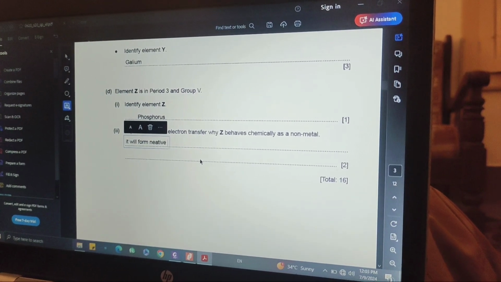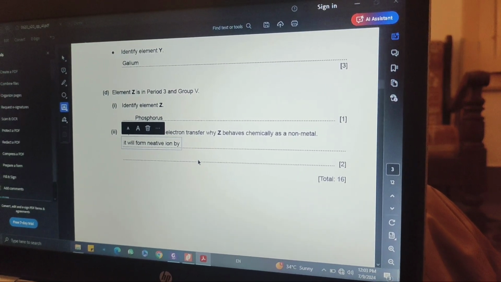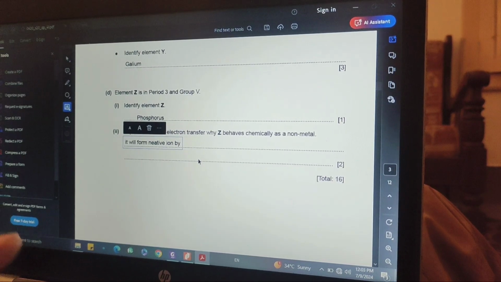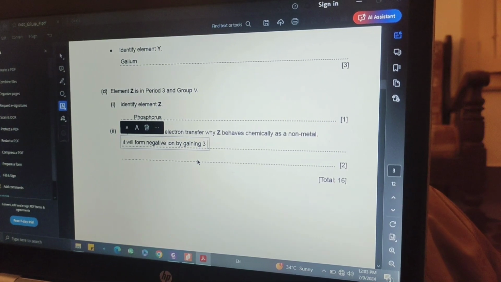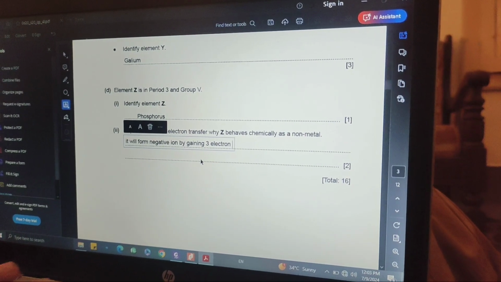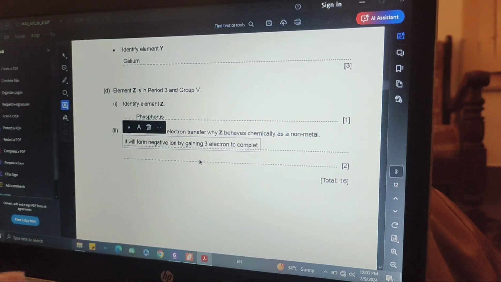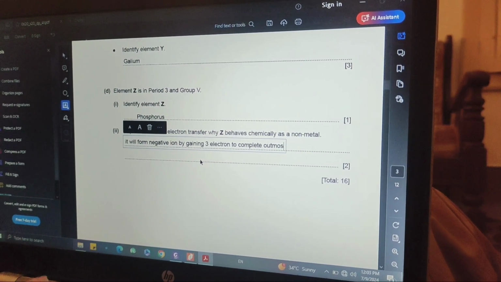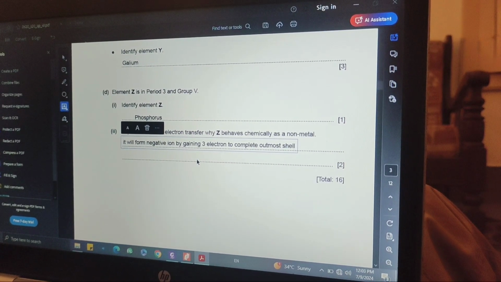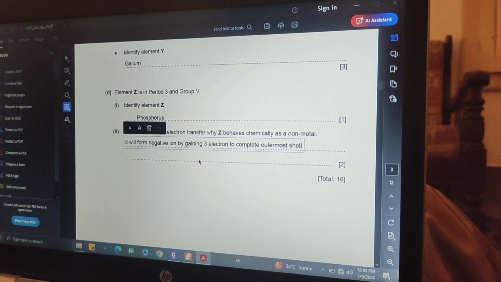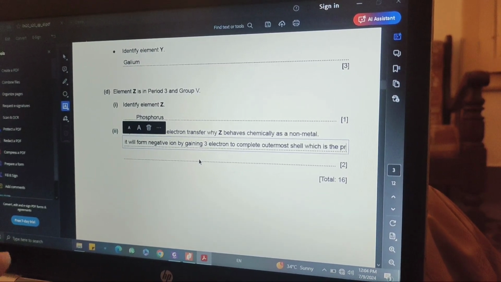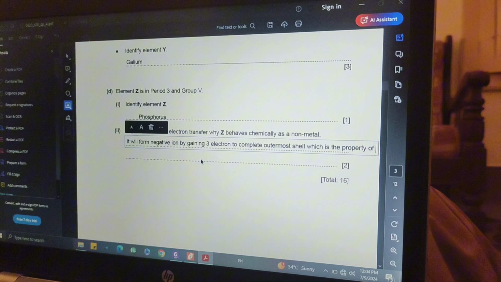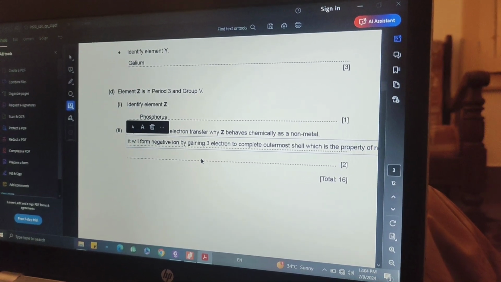a negative ion by gaining 3 electrons to complete its outermost shell, which is the property of non-metals.